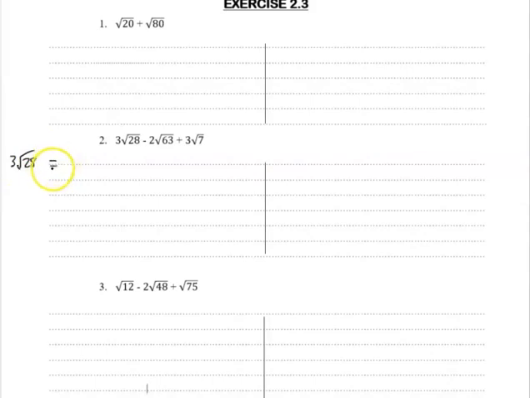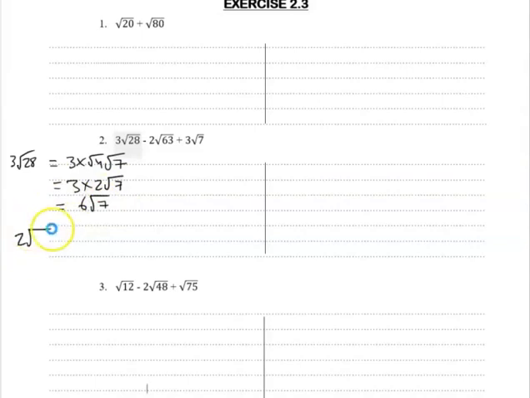Now root 28 can be broken down into root 4 and root 7. So we're going to have 3 times root 4 and root 7. Square root of 4 is 2. So 3 times 2 root 7, which is going to give us 6 root 7.